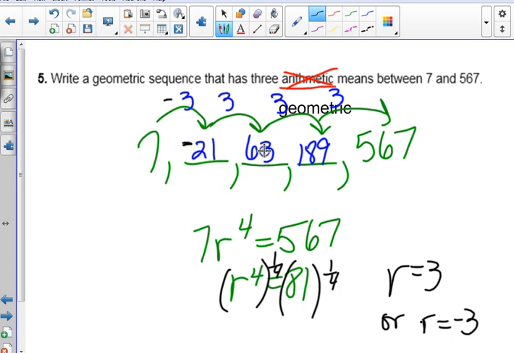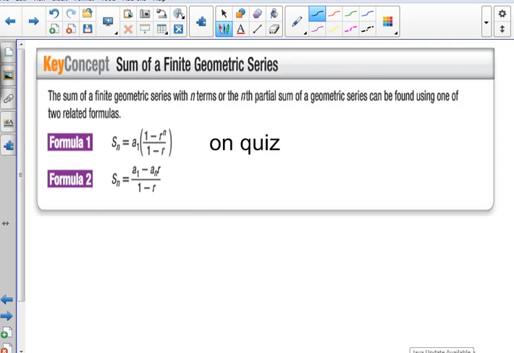This would be negative. This would still be positive, right? And then this one would be negative. Yes, it would work. It'd go positive, negative, positive, negative, positive. So it could be either one. I'm not going to make you say that it could be both, okay? Because I think you'll all forget.